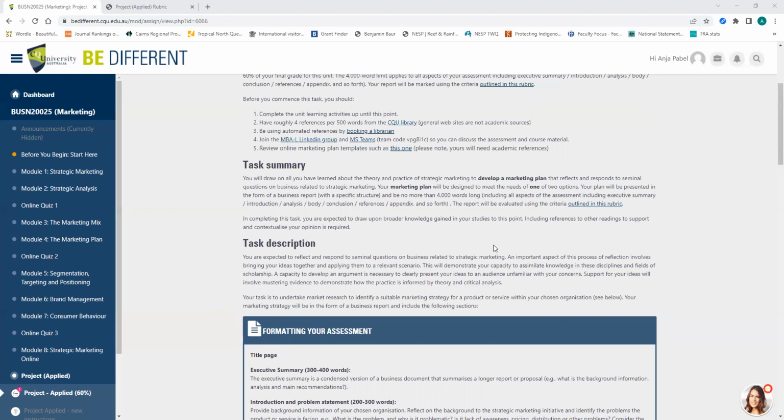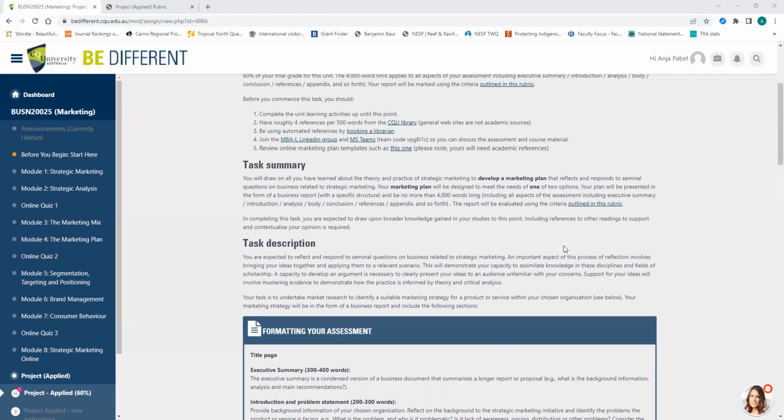Following the task description, you are expected to reflect and respond on seminal questions on business related to strategic marketing. An important aspect of this process is reflection and bringing ideas together and applying them to a relevant scenario. And this scenario in this particular case is linked to the 2 particular options you have for completing this applied project.